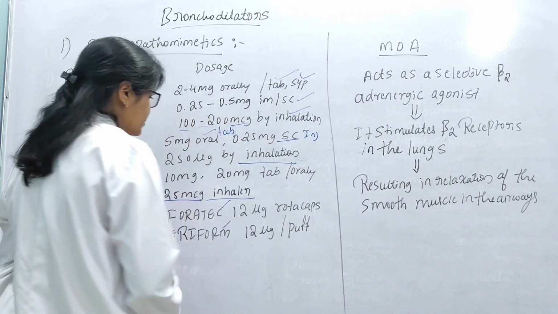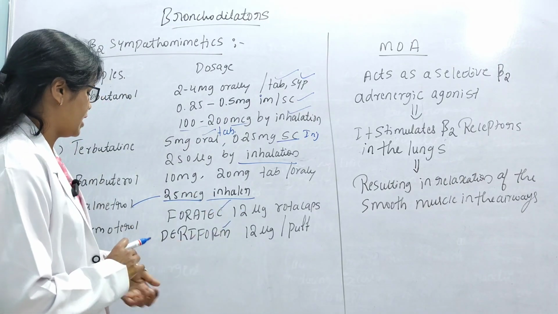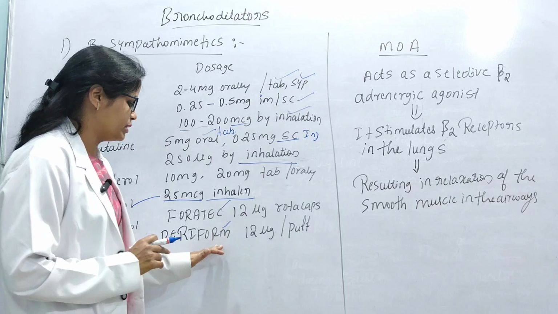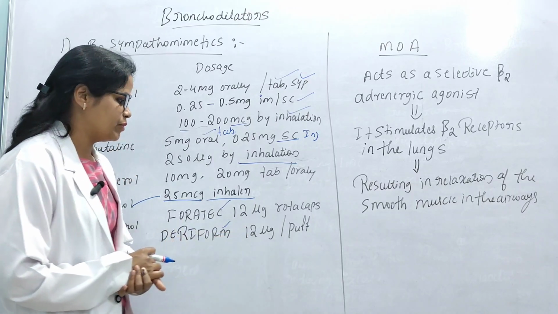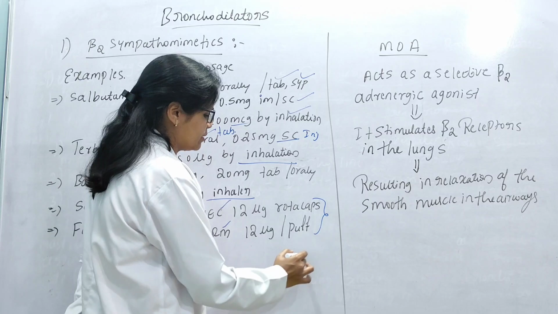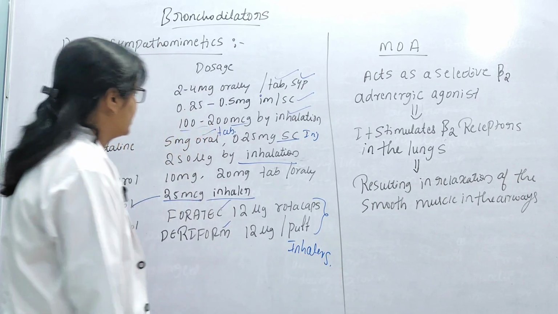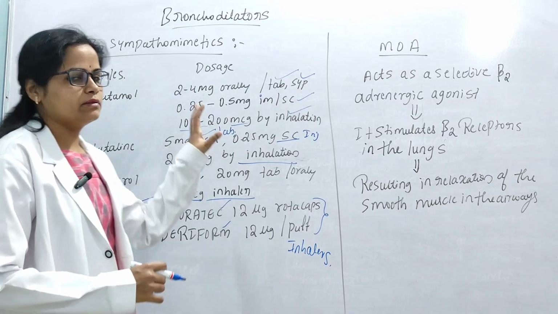Foratec is 12 mcg Rotacaps, and Deriform is 12 mcg per puff, which means it is available in the form of capsules as well as inhalers. These are the examples and the dosage.